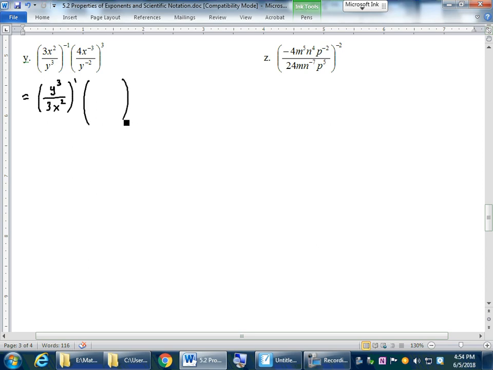For the second factor, I'm going to apply property number 7 inside the parentheses. So that means x to the third power in the denominator and a y to the second power in the numerator, because they reciprocated.